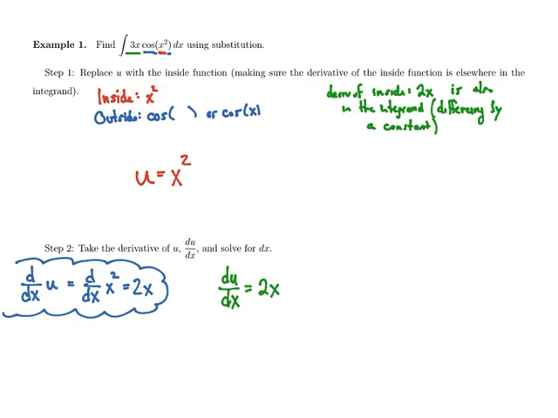And having it in this form allows us to do some algebra with the dx and du. So at this point, we are going to solve for dx in this equation. So the first thing we should do is maybe multiply by dx on both sides.